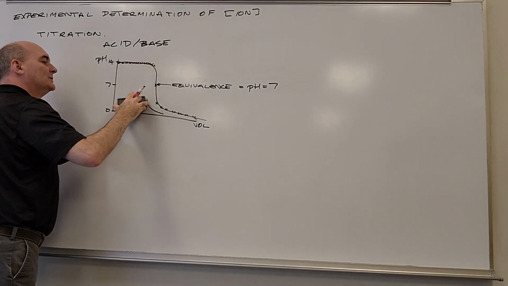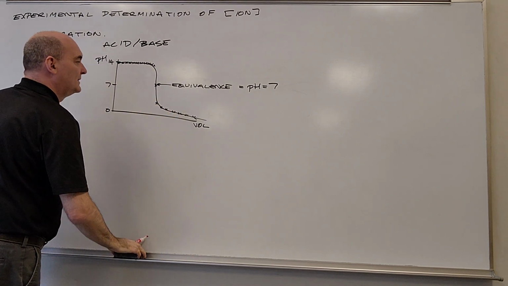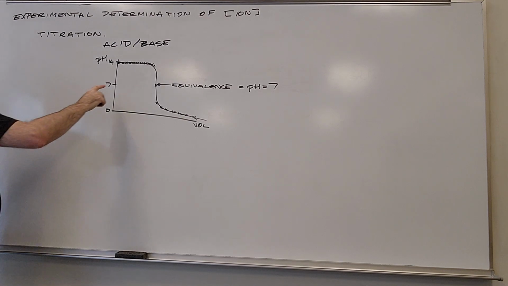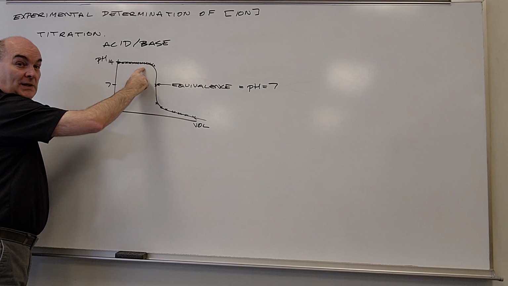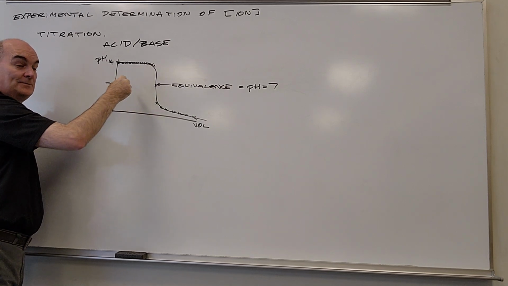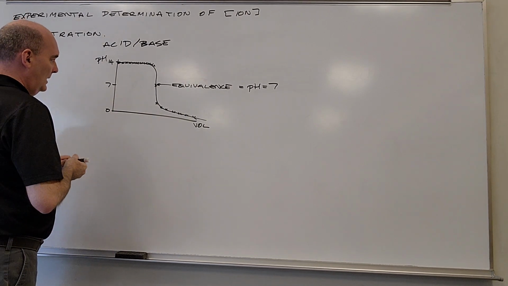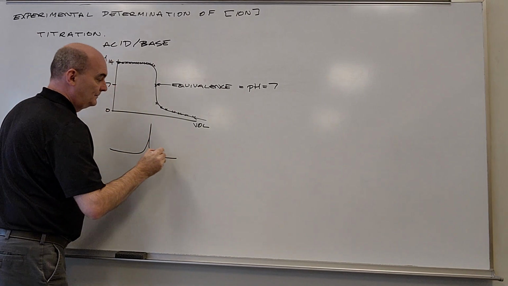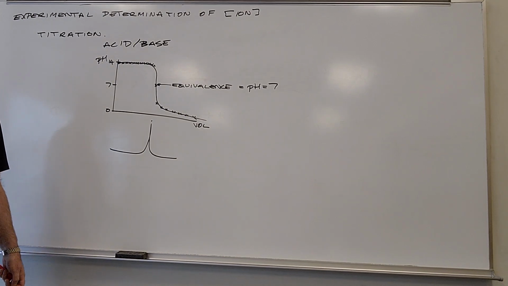Our computers, the Vernier equipment, can differentiate that graph. And instead of us seeing that the curve changes from being, let's call that one convex, to being concave, it will take the differential and say, well, here's the turning point, and the turning point is your equivalence point.